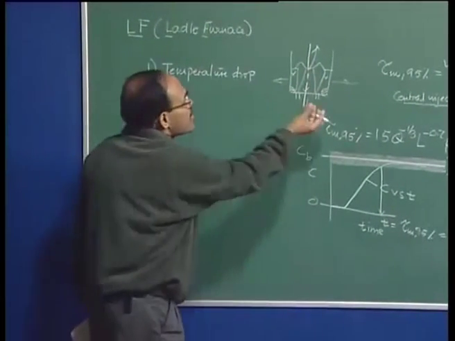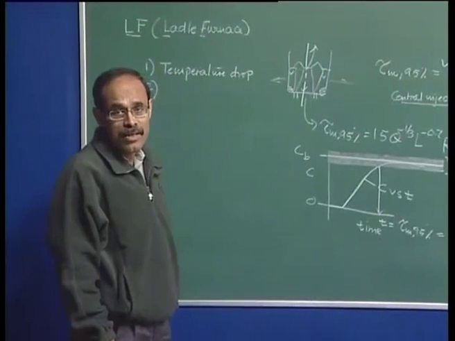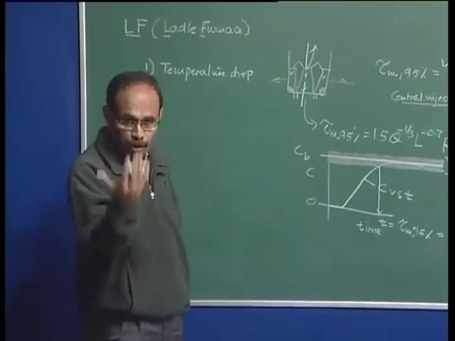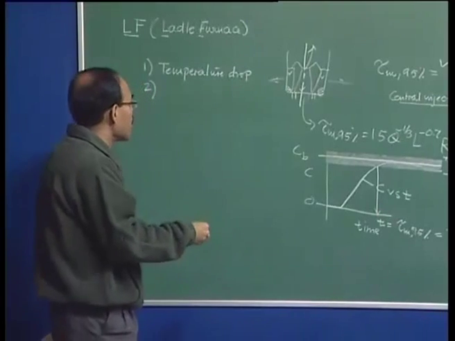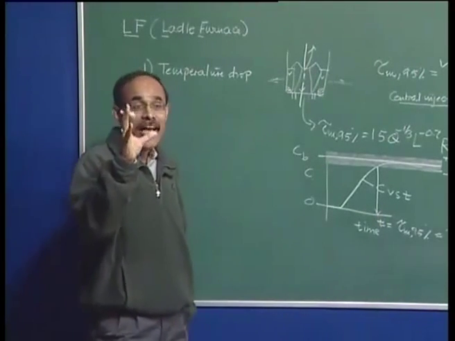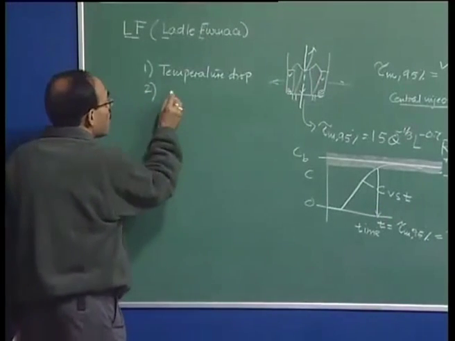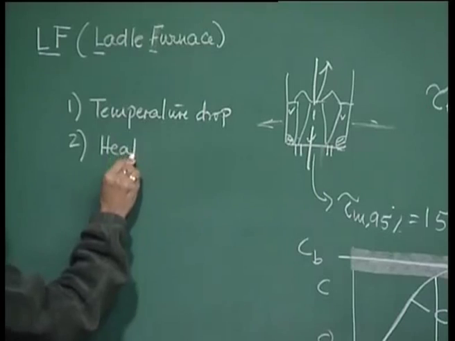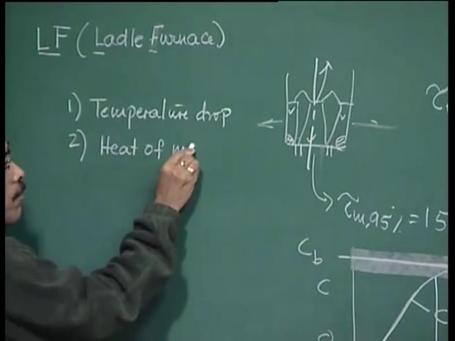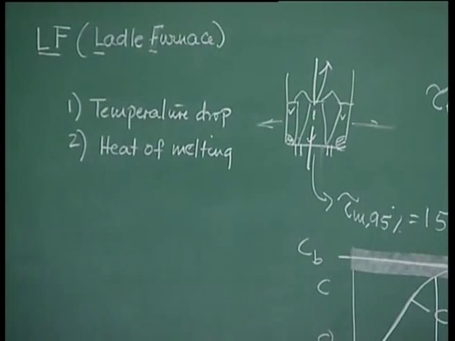We may be adding some alloying additions to adjust the composition of steel, for example some ferroniobium, some ferrotitanium. These are solid additions. Their temperature has to be taken to 1600 degrees, and they have to melt or dissolve. So we have to supply the heat of melting. Melting is an endothermic process, so we have to supply the heat.